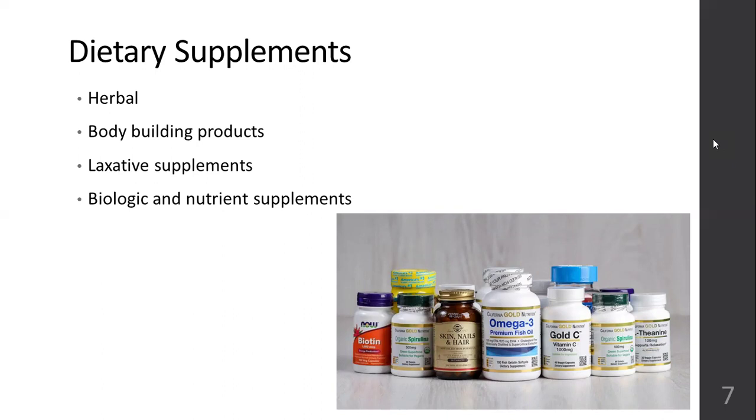Types are herbal, which we have discussed, bodybuilding products, laxative supplements, and biological and nutrition supplements. Examples are given on pages 240 and 211. And there is table 11.2, dietary supplements and proven claims.